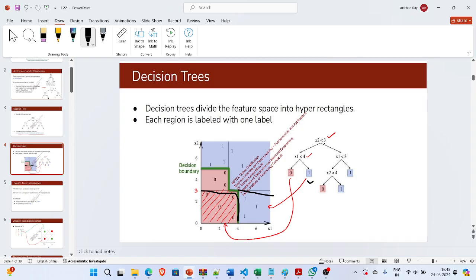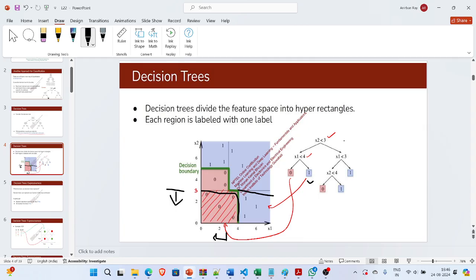Let's see. x2 is less than 3 here, and then we have x1 less than 3. Then after that we have x2 is less than 4. What they're doing is x1 is less than 3, then two cases.